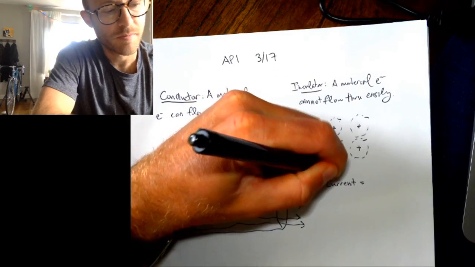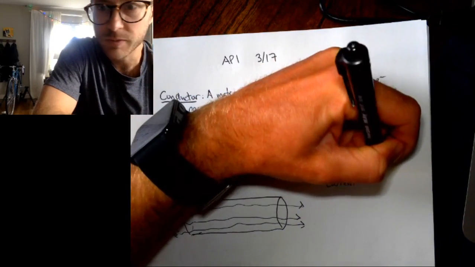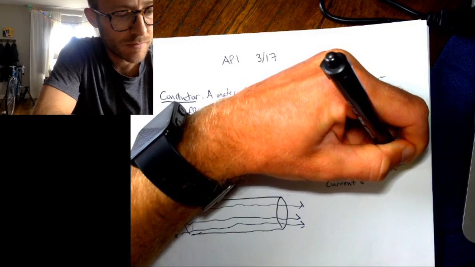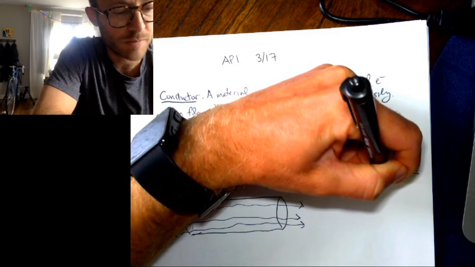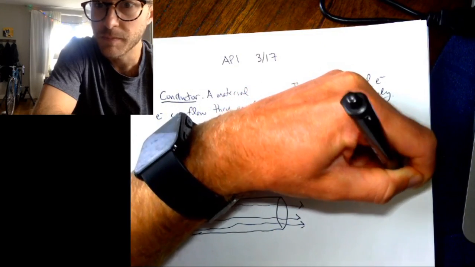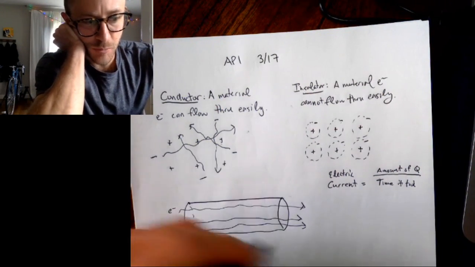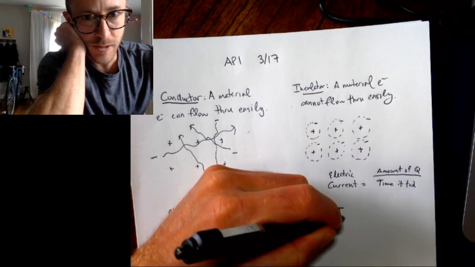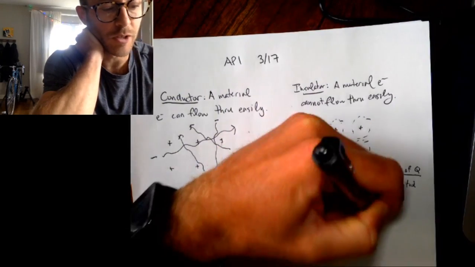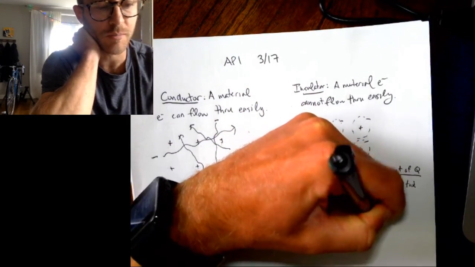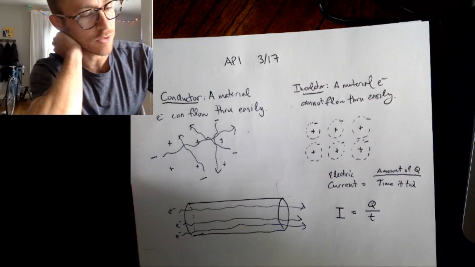It's equal to the amount of charge that flowed divided by the time it took to flow. The symbol for electric current is I. So we could write electric current as charge over time: the amount of charge that flows down this conductor divided by the time it took.